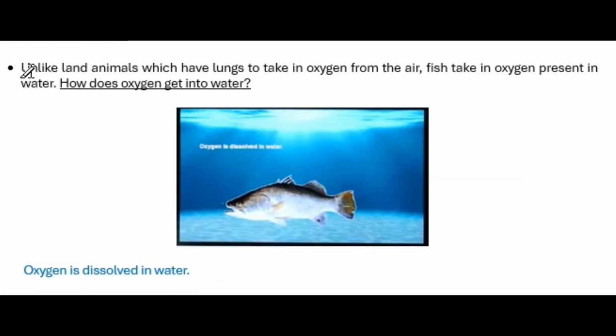Unlike land animals, which have lungs to take in oxygen from the air, fish take in oxygen present in water. How does oxygen get into water? Oxygen is dissolved in water.